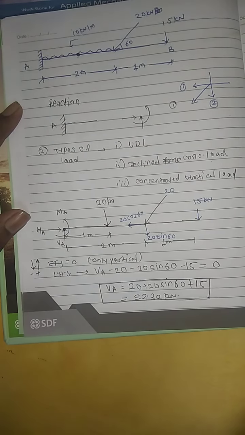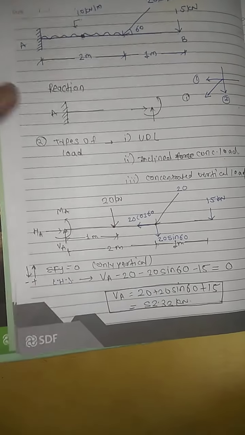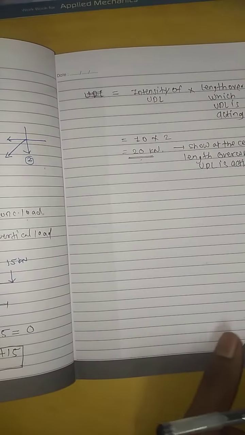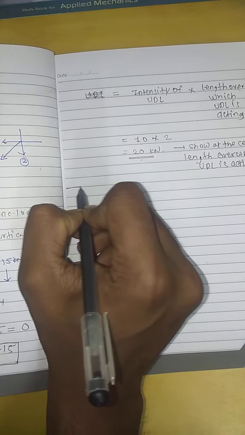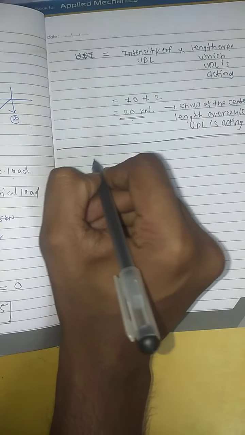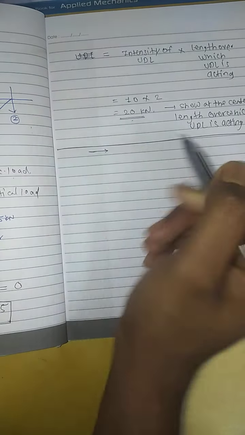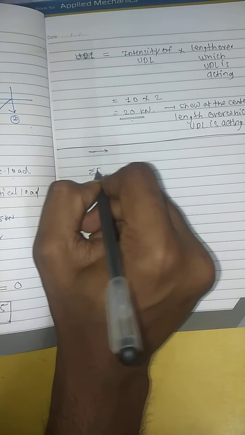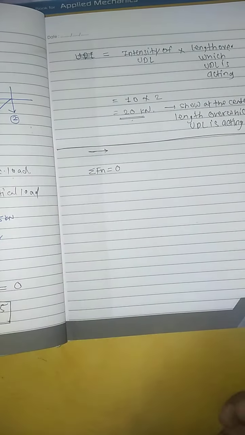Okay, Va. Similarly, we have to calculate Ha. Now just look carefully. Ha is horizontal. So we have to do summation Fx is equal to 0.